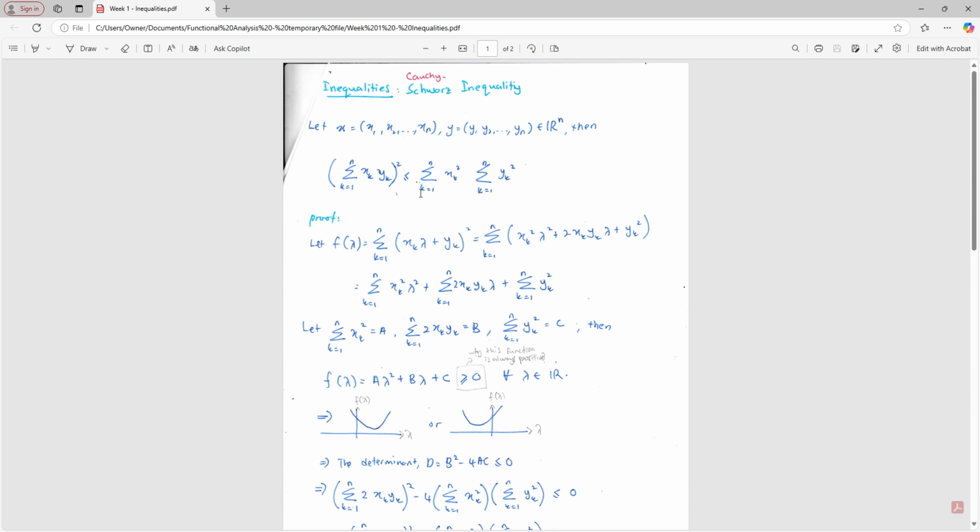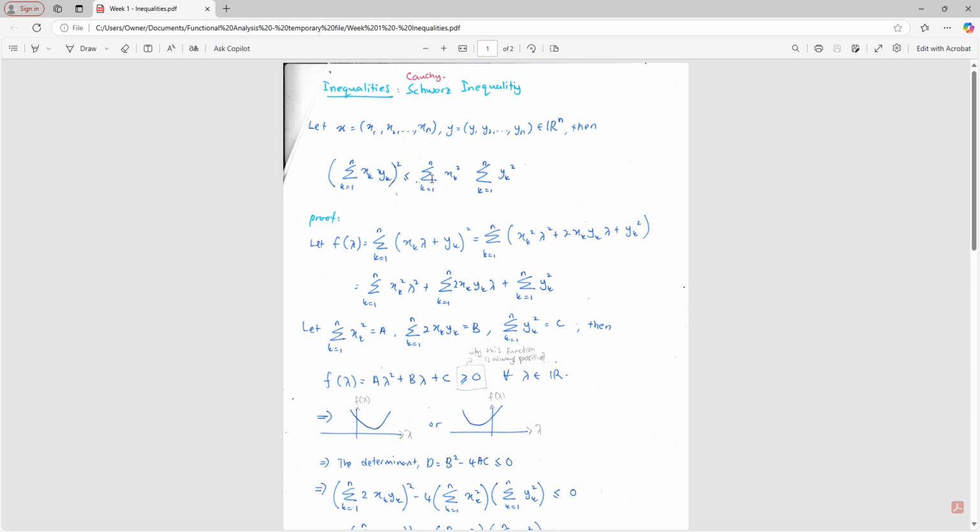Here should be the brackets in front, and here should be a bracket. If you multiply this one with this one, this number should be bigger than this part. So this is what the Cauchy-Schwarz inequality says.